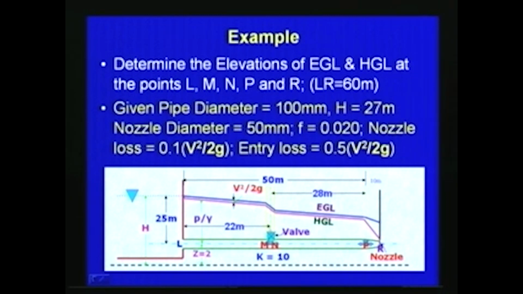Also, in the system there is a valve at a location about 22 meter from the reservoir. We have a control valve like this, and its corresponding loss coefficient K is given as 10. So, for such a system we have to find out the elevations of EGL and HGL.